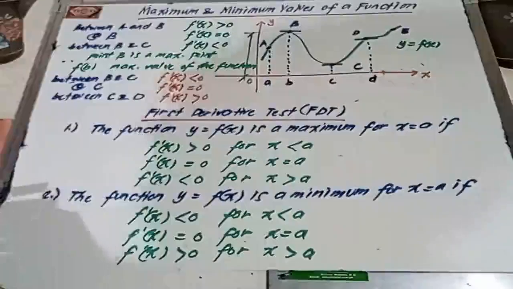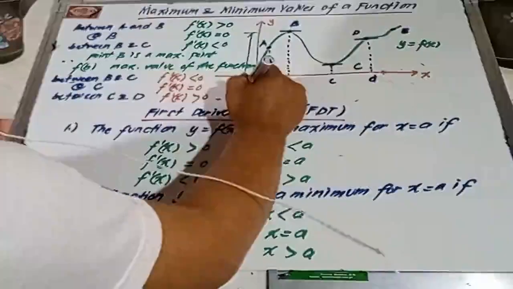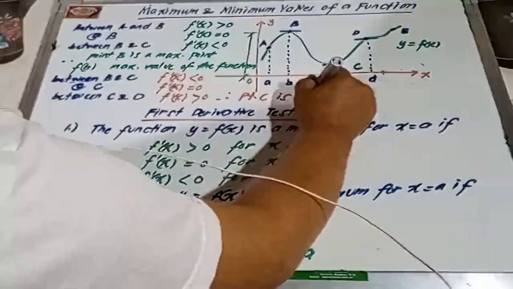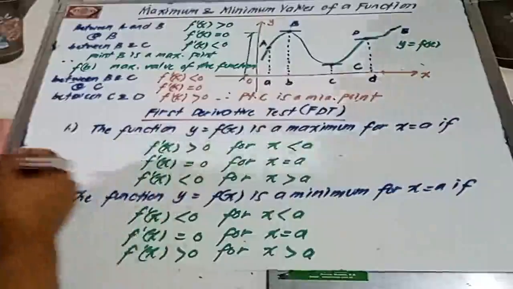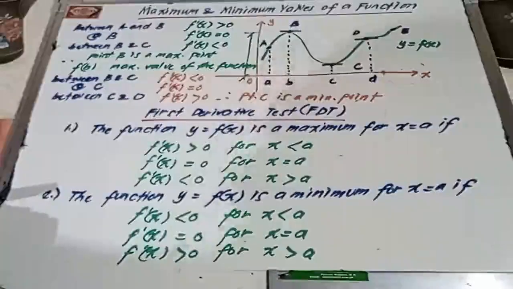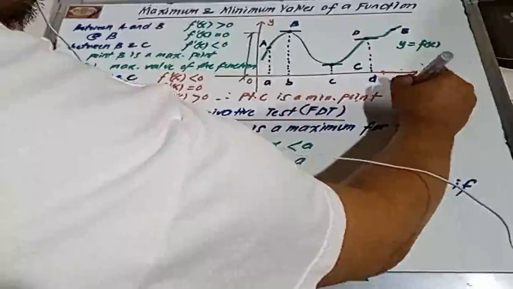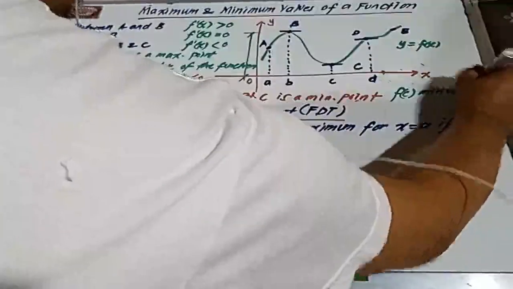Okay? Point C is minimum. A minimum point. At yung makukuha nating f of C doon, yung ating minimum value of the function.